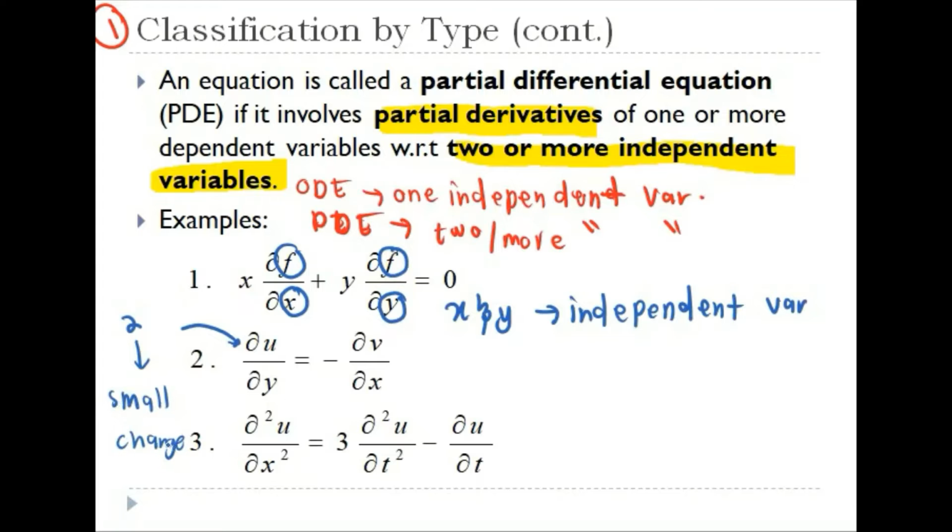Unlike ODE, where we use a straight d, which represents a big change. For the second example, we also have two independent variables, y and x. Similar to the third equation, where we have x and t, two independent variables. So this equation is classified as a PDE.